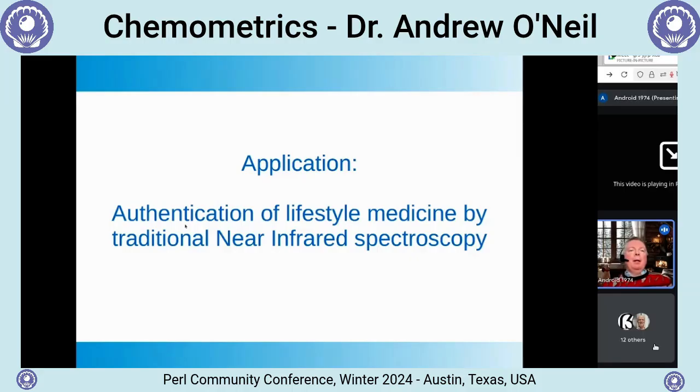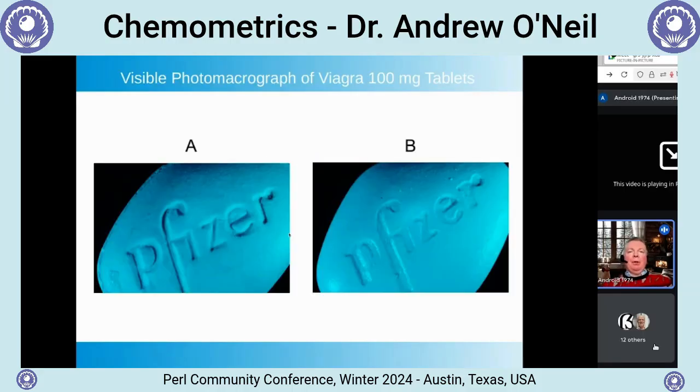So, an application then for authenticating a lifestyle medicine by near-infrared spectroscopy. Here we have two images of what appear to be Viagra 100 milligram tablets. But on the left, this is actually a counterfeit version. You can see the debossing of the actual manufacturer's name is deeper and sharper.